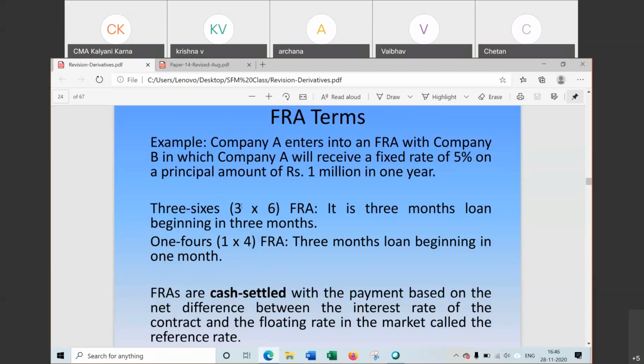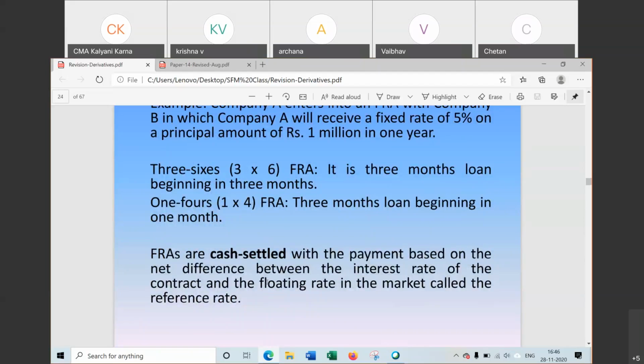The loan will start at 3 months and will go for the next 3 months. So the first number is the starting date, meaning the loan will start in 3 months. The difference between these two is the duration of the loan, that is, the duration of FRA.